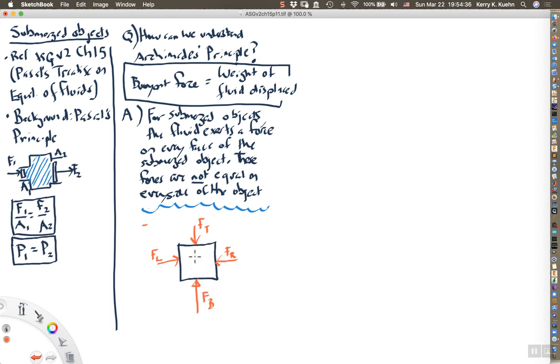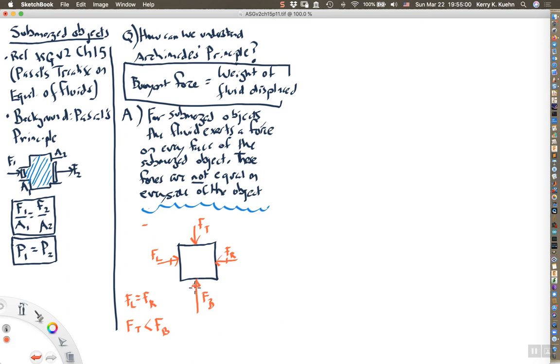Okay, and the idea is that the forces on the left and on the right are going to be equal to one another. The force on the left is equal to the force on the right. So these are, in a sense, balancing each other right here. But, and here's the critical point, the force on the top of the object is going to be less than the force acting on the bottom of the object.